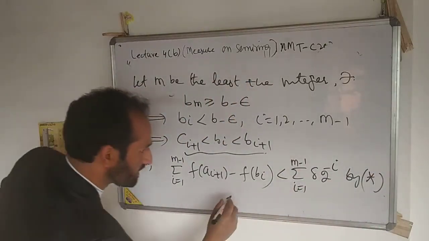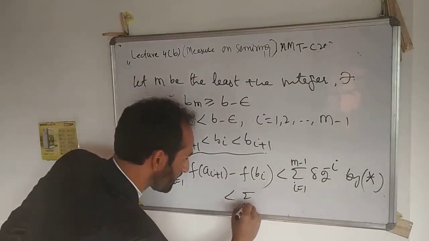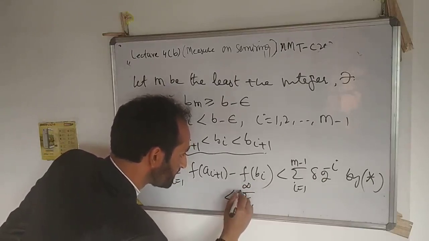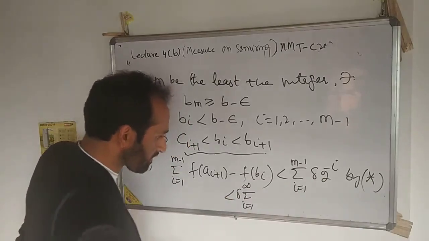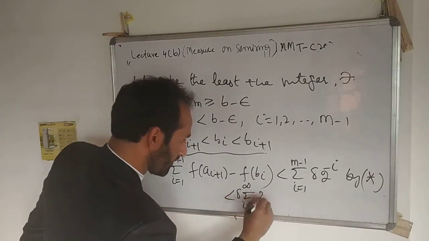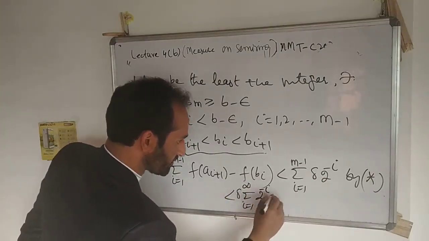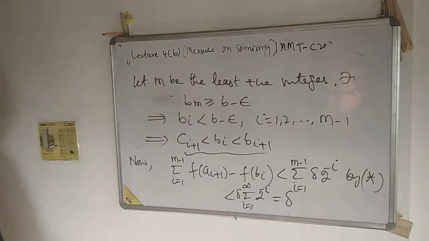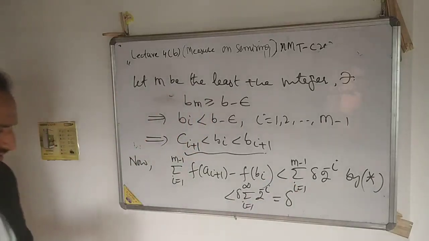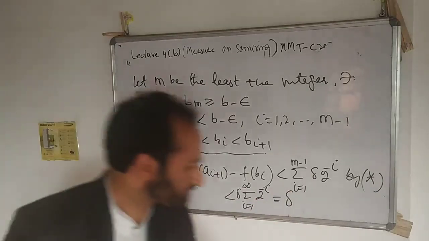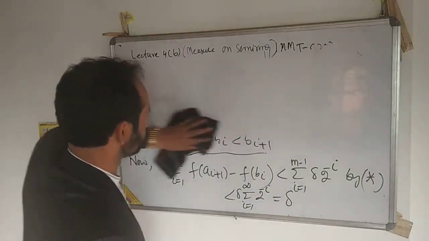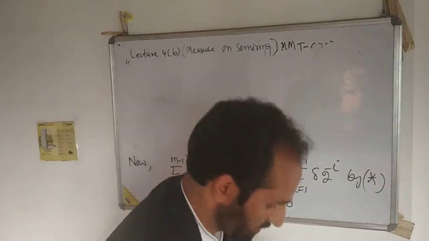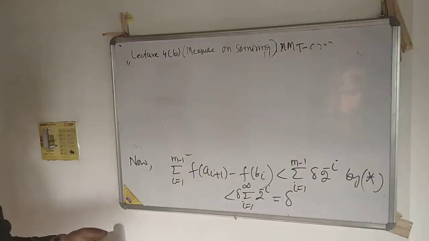And that's again less than the summation i runs from 1 to infinity. We can pull delta out from this sum. It is 2 power minus i, and that series is equal to 1, so it's just delta. So that sum is less than delta.